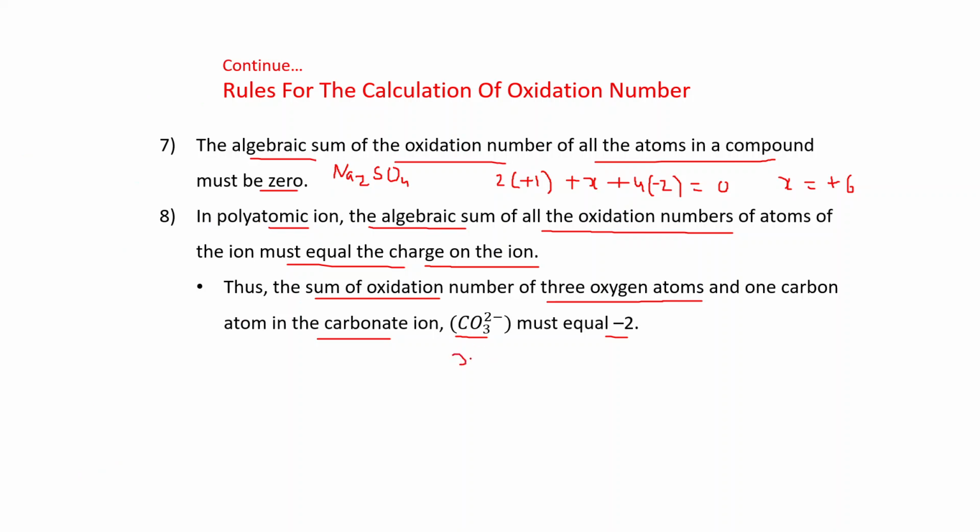Suppose this is X. There are 3 atoms of oxygen, and the oxidation number of each oxygen atom is -2. The sum of all these oxidation numbers is equal to -2. So X plus -6 equals -2, so X is equal to +4. The oxidation number of carbon in the carbonate ion is +4.